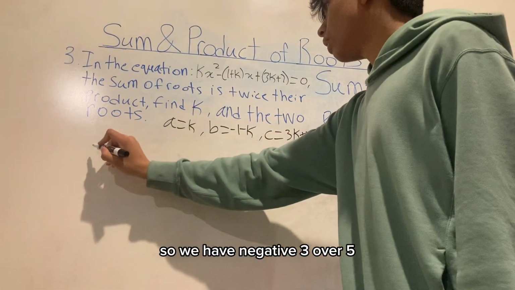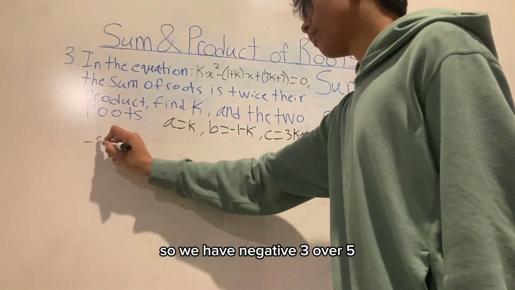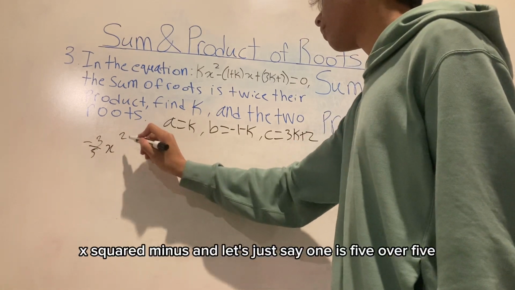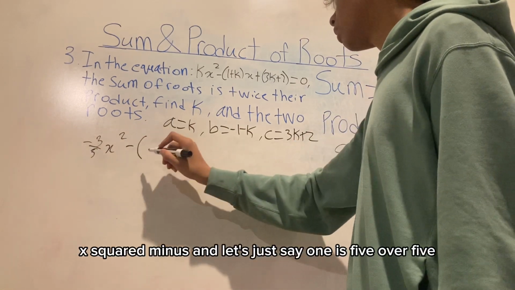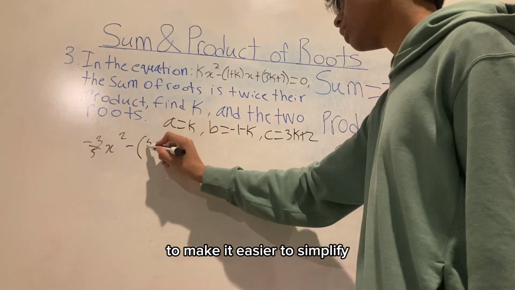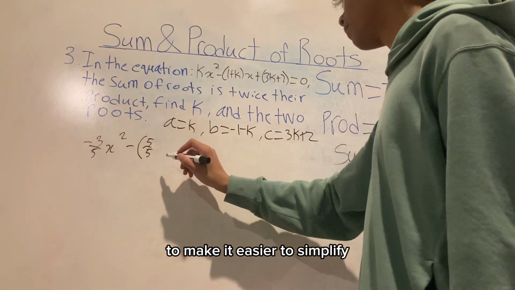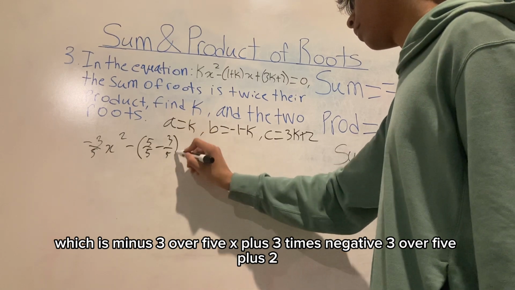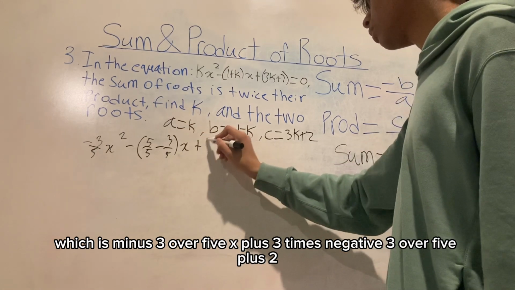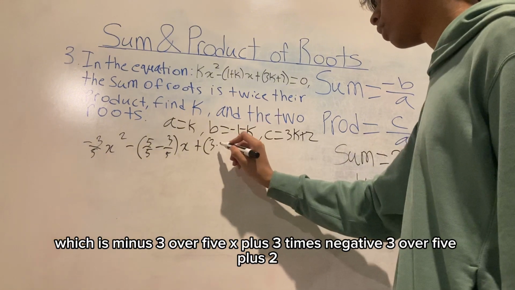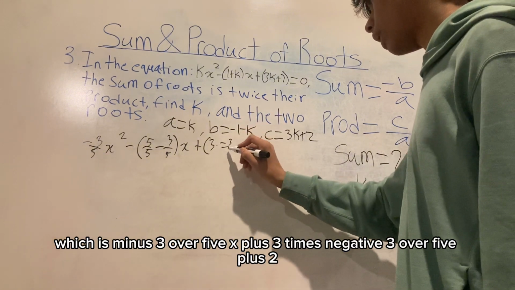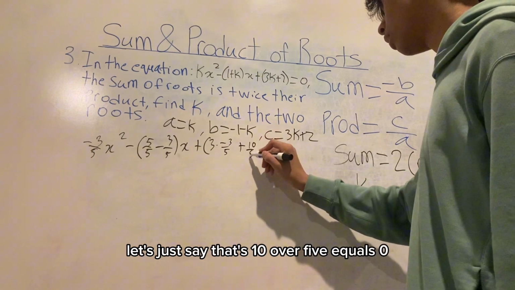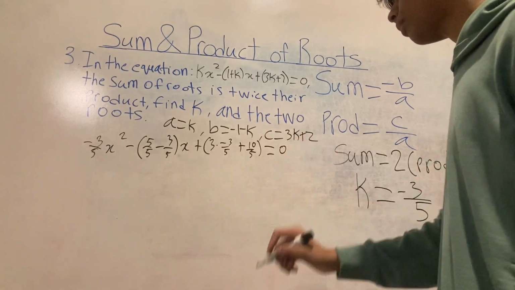So we have negative 3 over 5 x squared minus, and let's say 1 is 5 over 5 to make it easier to simplify, plus k, which is minus 3 over 5, x plus 3 times negative 3 over 5 plus 2, let's say that's 10 over 5, equals 0.